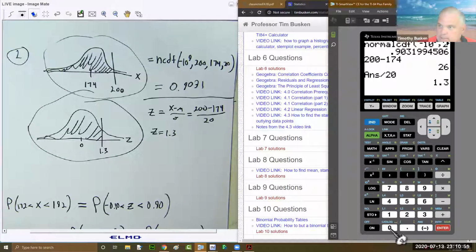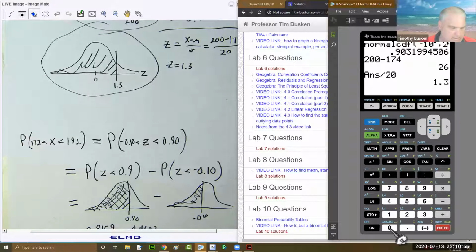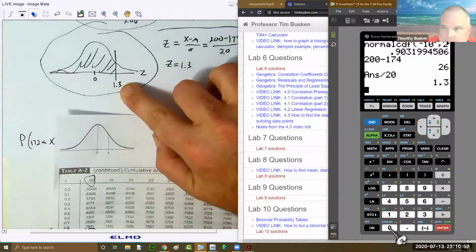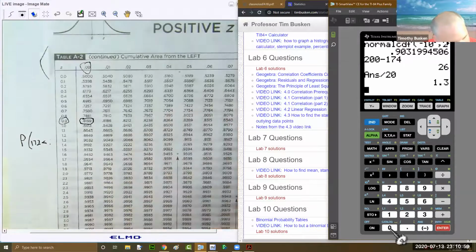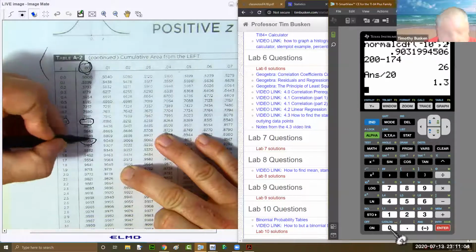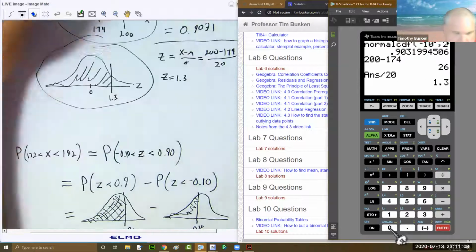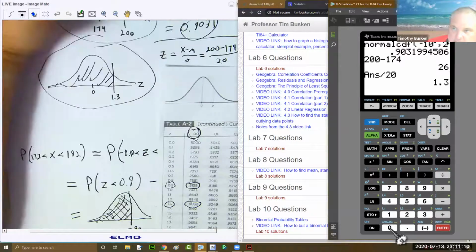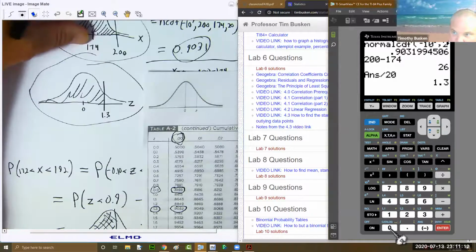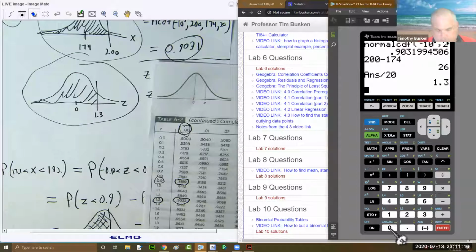So I'm just going to go over to the z-table, and I'm looking for 1.3. Okay, 1.30 is right here. Bam, there's the answer. You can see that's nearly in line with what we got. We're only off by a 10,000th. Actually, the table's what's off. The calculator gives you a more precise estimate.